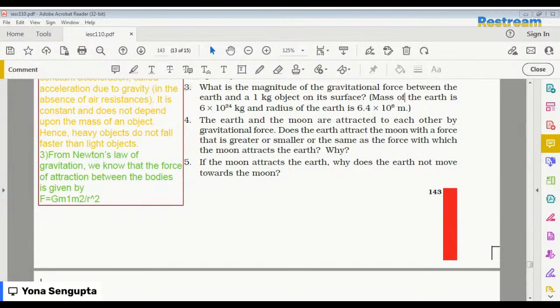Okay, so we just put the values in. It comes as F equals to 6.67 into 10 to the power minus 11 into 6 into 10 to the power 24 into 1, divided by 6.4 into 10 to the power 6 whole square.